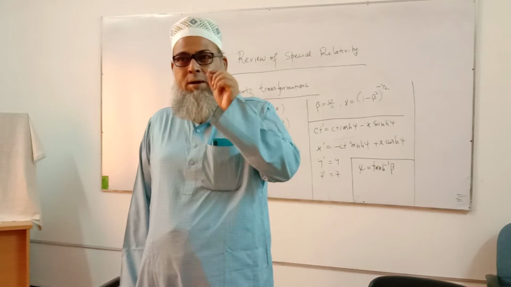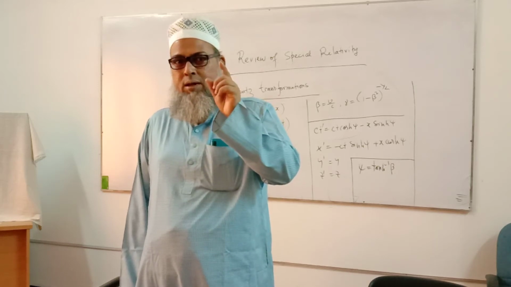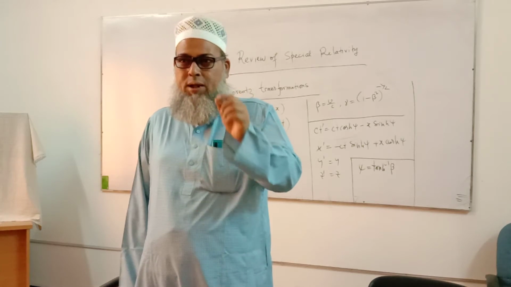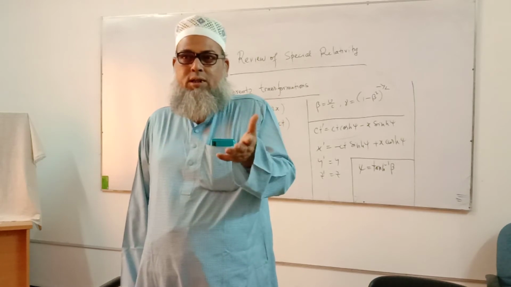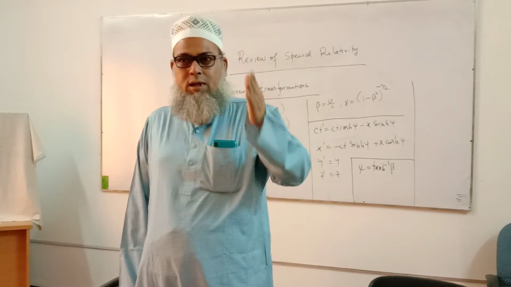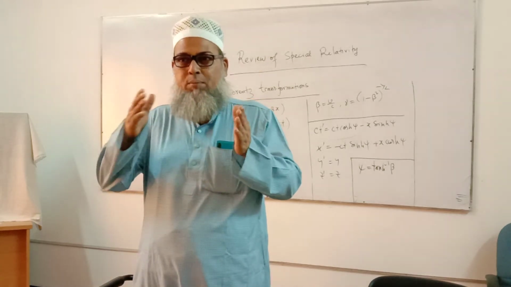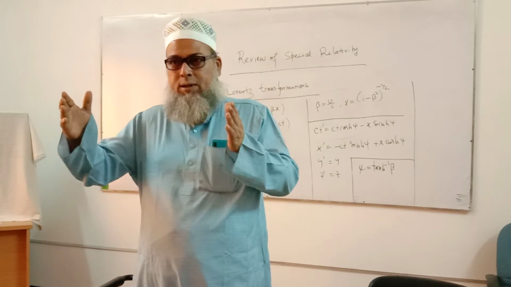So say an event A is happening. Then consider the transformation of coordinates between two frames, S and S prime. What are S and S prime? S is an inertial frame, and S prime is an inertial frame. S prime is moving in the positive x direction.